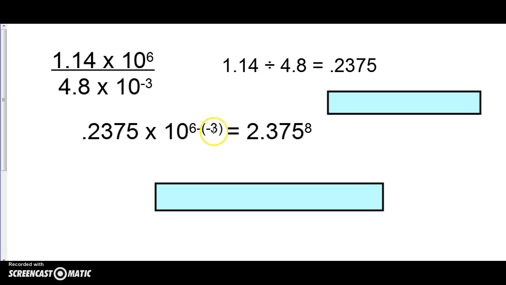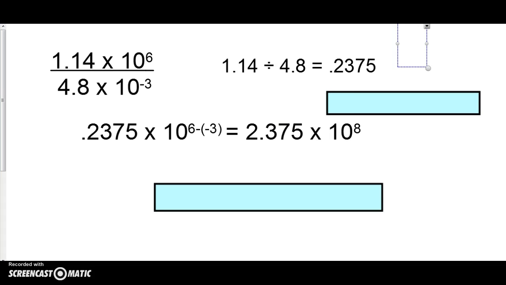So we're subtracting a negative 3, and remember, two negatives together make a positive. So you would think our final answer would be to the 9th. But because we still had to move it one more place for correct scientific notation, we only needed it to the 8th power. I think I made a mistake, so let me pause and fix that. All right, I fixed that now, so that resembles times 10 to the 8th.